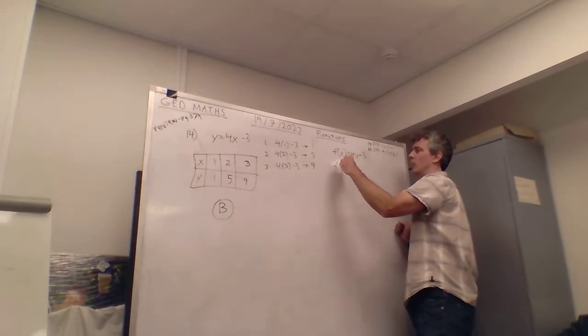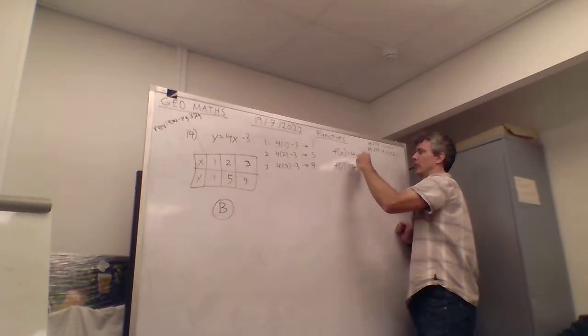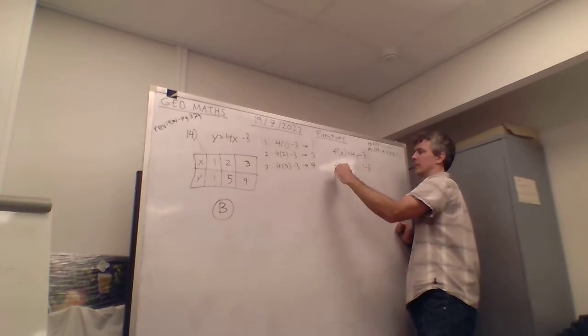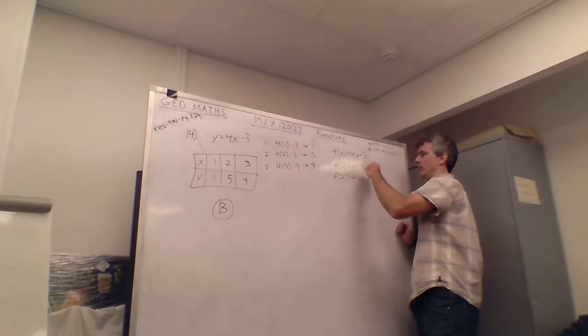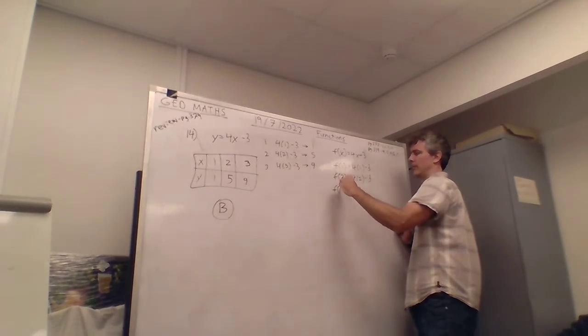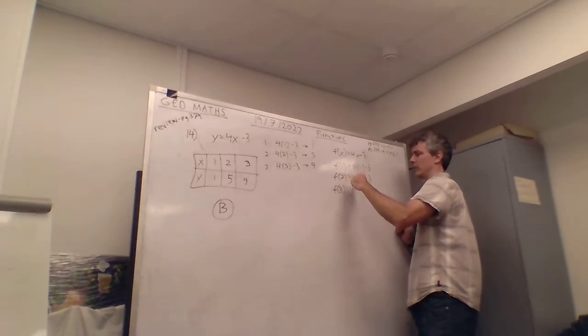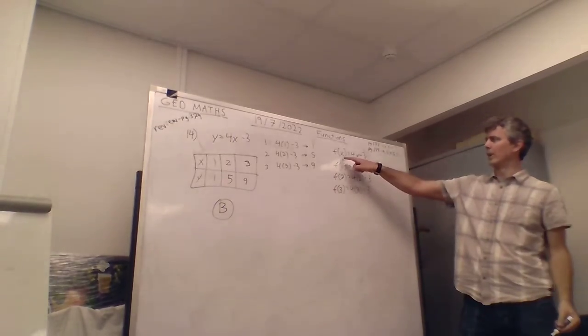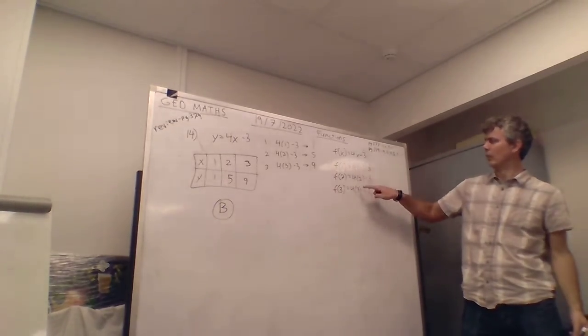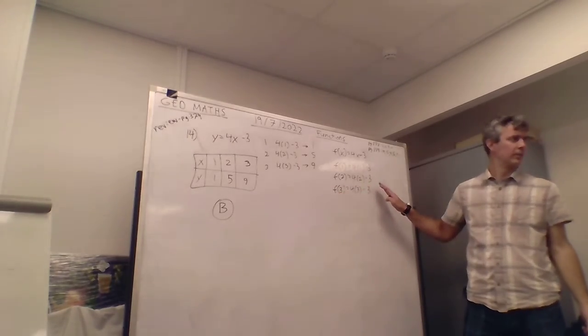So then f of 1 equals 4 times 1 minus 3. f of 2 equals 4 times 2 minus 3. f of 3 equals 4 times 3 minus 3. You see that? Whatever x is, you're solving the function of it.